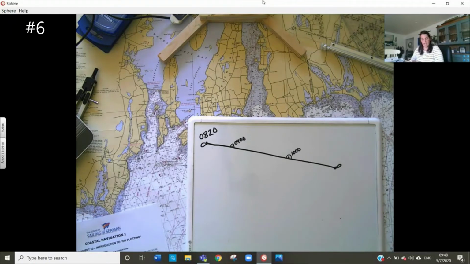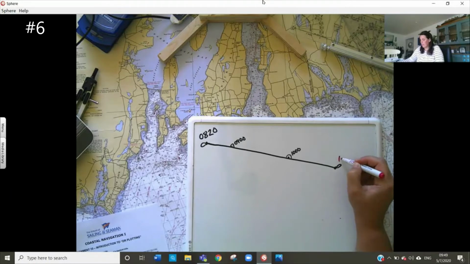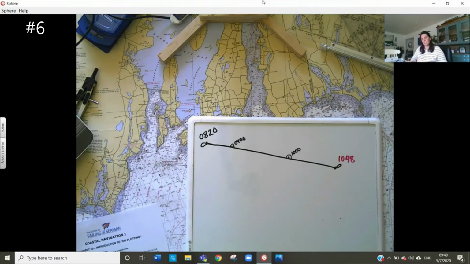Okay, so for the next part of the question, it said you arrived along Buzzard's Light at 10:35. Using the actual time, determine the speed made good. So our ETA that we calculated for Buzzard's Light was an arrival at 10:48. But we actually got there at 10:35.